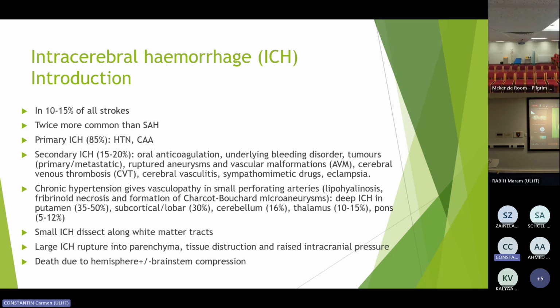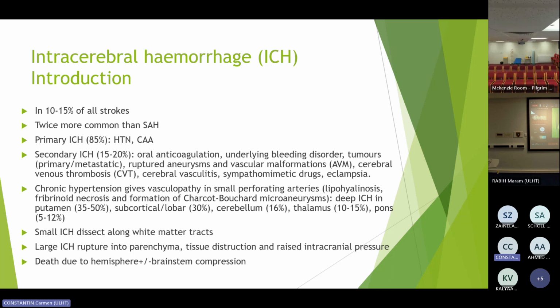We could have them subcortical and lobar, around 30%, cerebellar area 16%, thalamus, and also pons. So these are actually typical areas where we have hemorrhagic strokes due to uncontrolled hypertension.